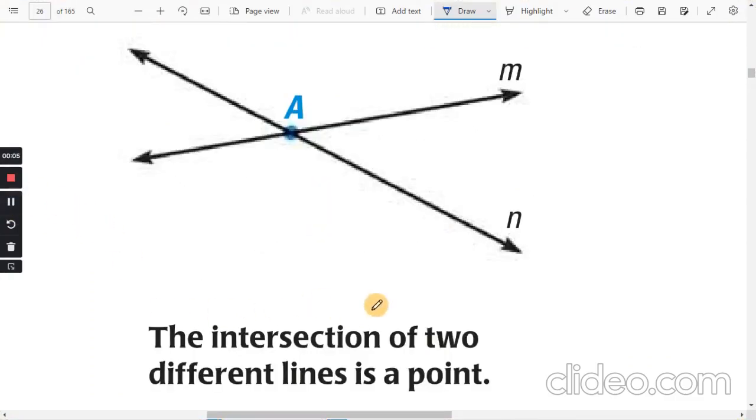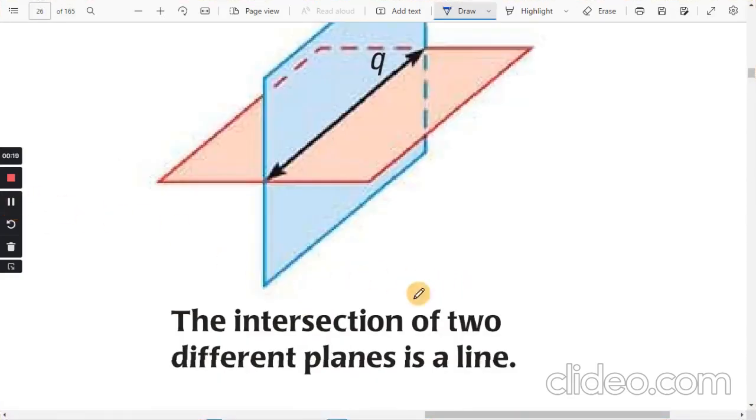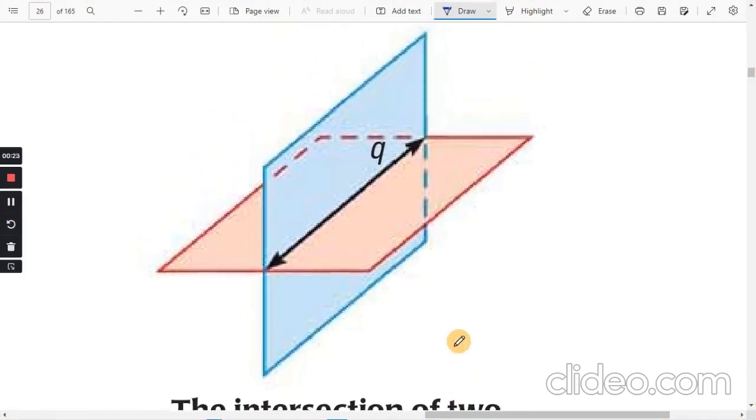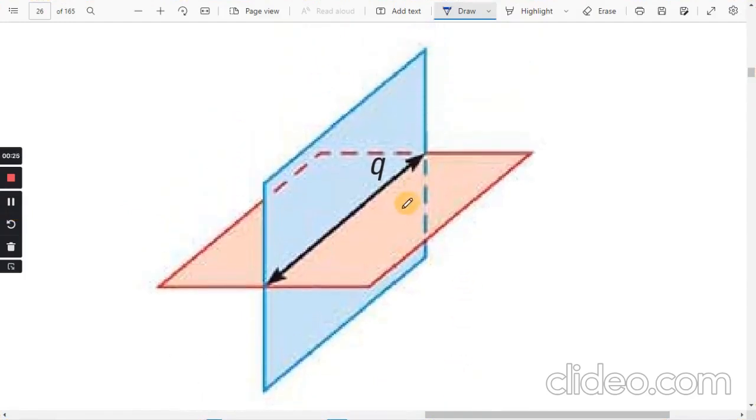All right, so the intersection of two different lines is a point. Okay, so intersection just means where they meet, and you can see they meet right there at point A. The intersection of two different planes is a line. So you can see the plane here in pink or red, and the other plane is in blue.